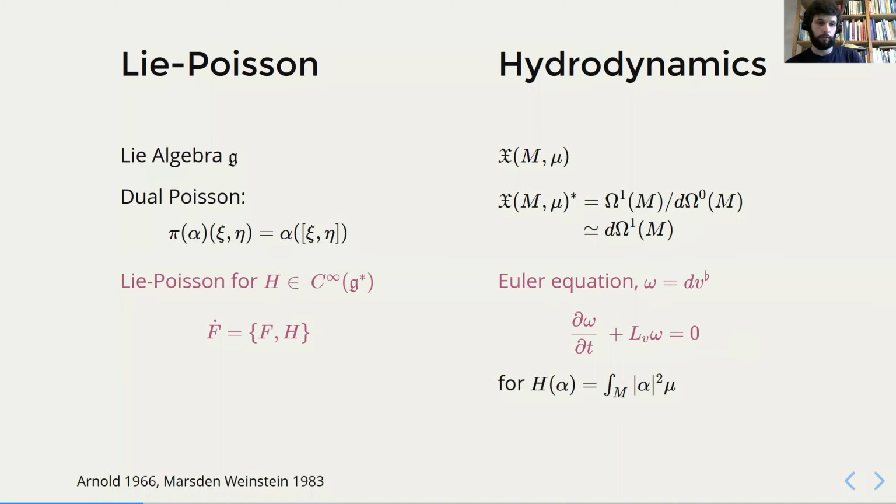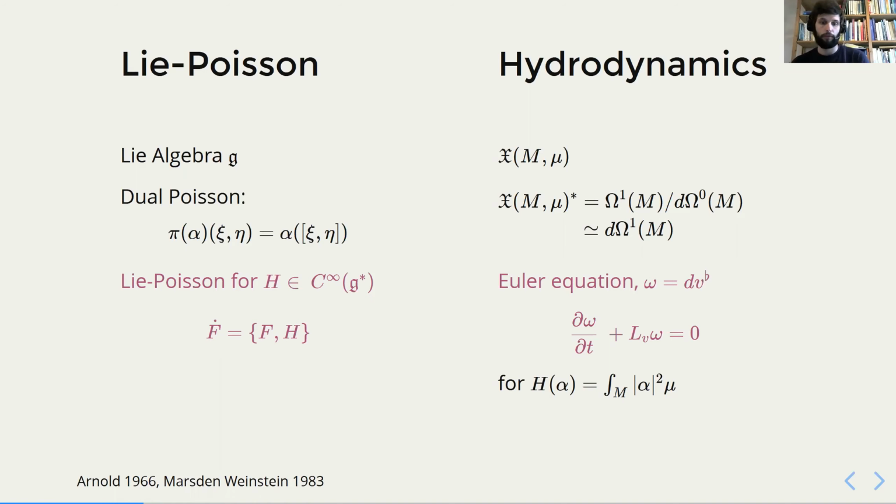And essentially, if you have an equivariant flow on the Lie group, then you can pull everything back to the Lie algebra, and what you get is then a flow on the Lie algebra. And that's essentially this Euler equation in the vorticity formulation. So you see that the Euler equation is equivalent to a particular example of a Lie Poisson equation.